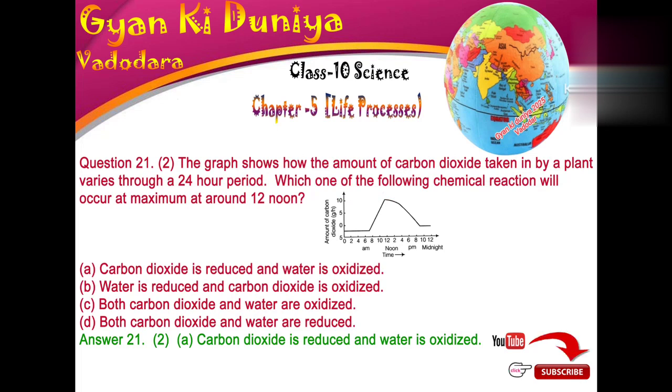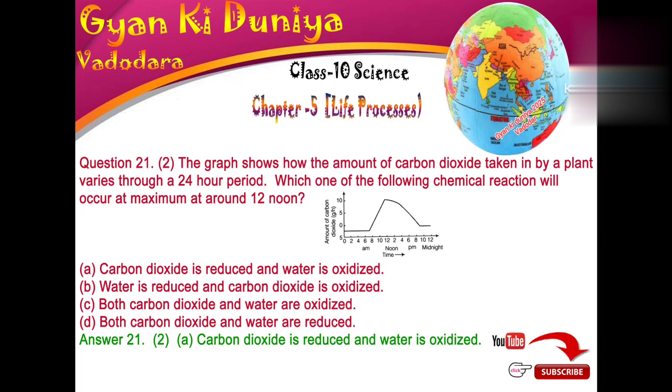Question 21. 2. The graph shows how the amount of carbon dioxide taken in by a plant varies through a 24-hour period. Which one of the following chemical reactions will occur at maximum at around 12 noon? A. Carbon dioxide is reduced and water is oxidized.